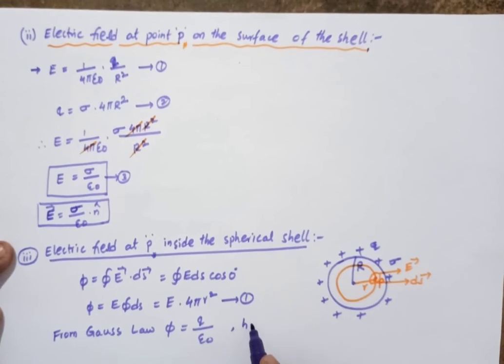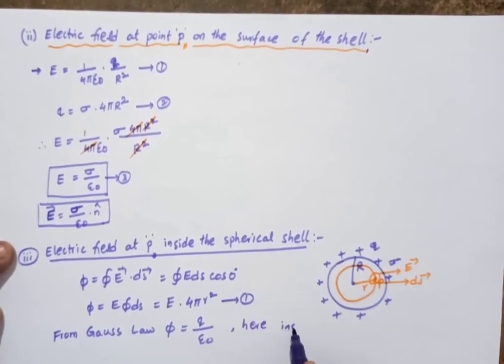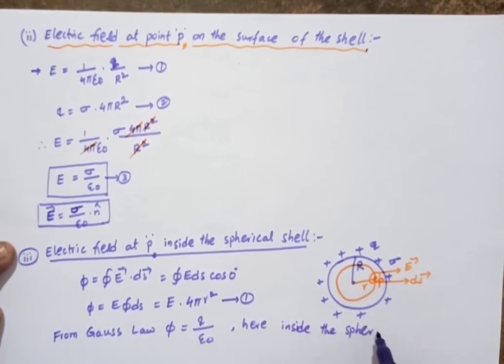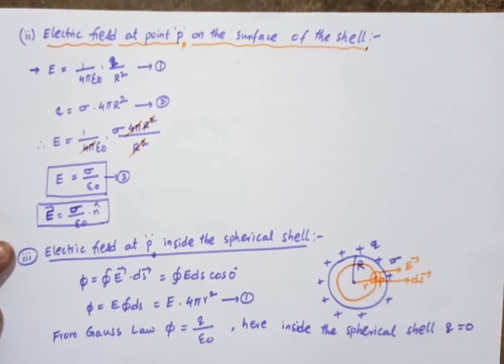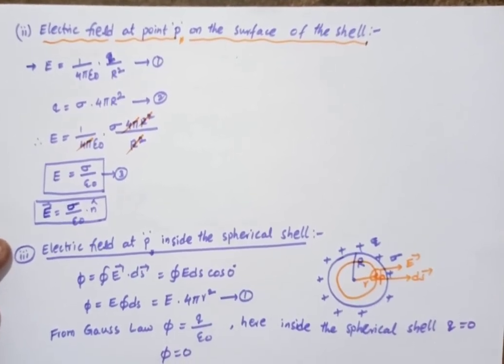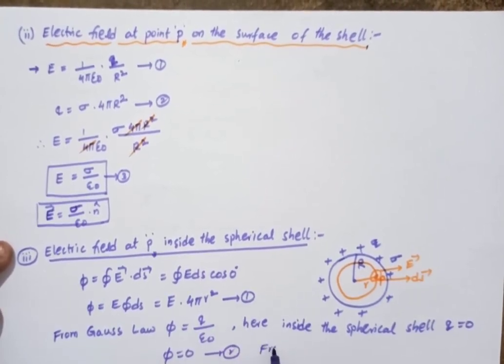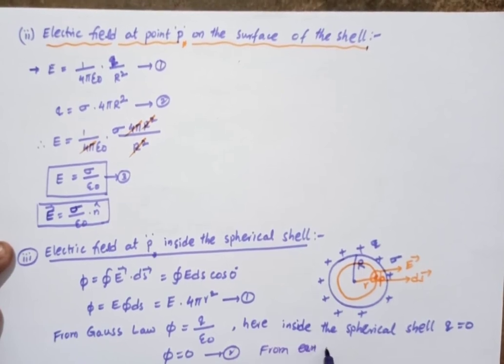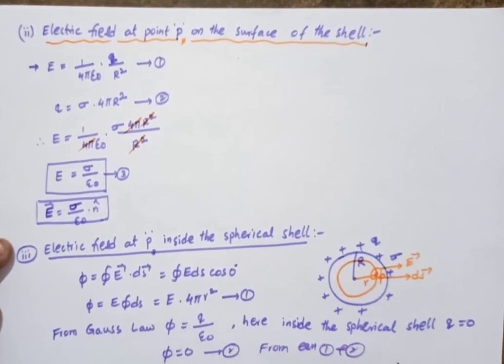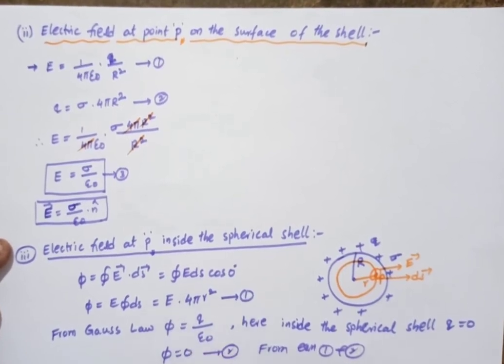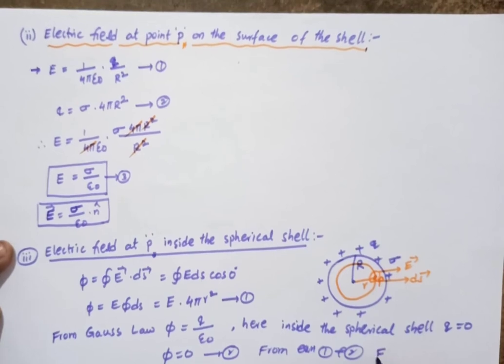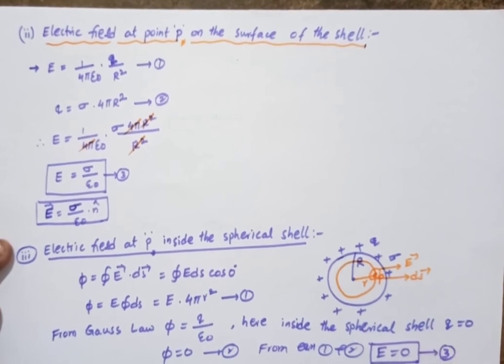So this is equation number 2. From equation number 1 and 2, equating both, the electric field E equals 0. Okay, this is equation number 3.